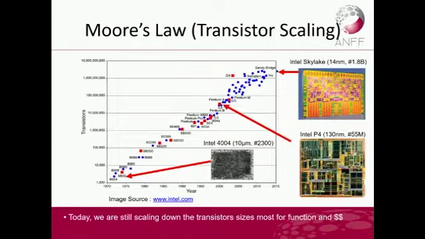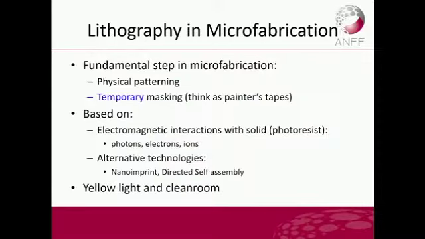Also, I guess the biggest driving force is the dollar sign, since it's always cheaper to integrate more transistors on the same chip than to integrate fewer and put more chips together. So they are pretty much driven by the economics these days, and that's why we're still scaling down. And very soon, it will be more and more difficult to scale down because of the fundamental limits of the optics being faced these days.